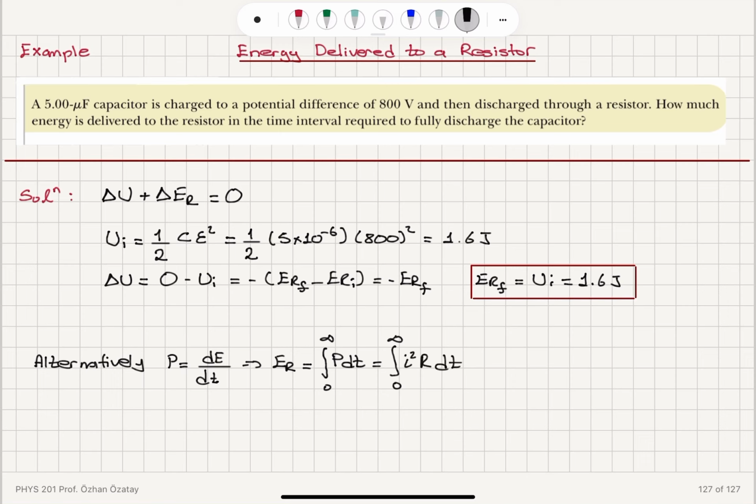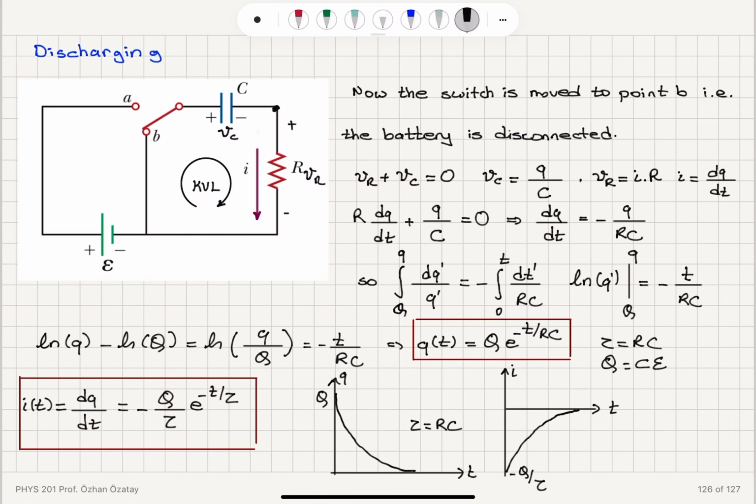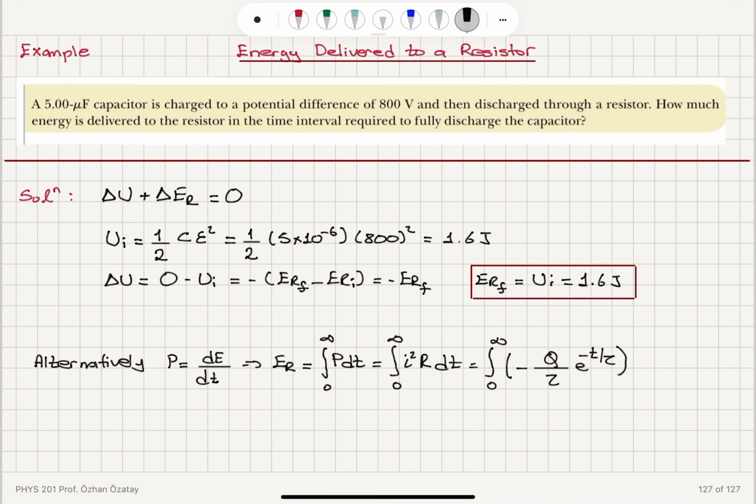We have a time-dependent current. In the discharge process, remember we had minus q over tau e to the minus t over tau as the current. That's what we found in the discharge process. Take its square, multiplied by resistance, dt.